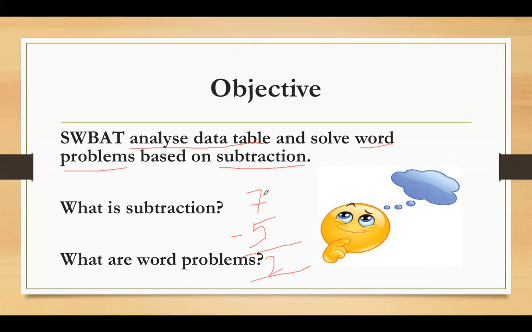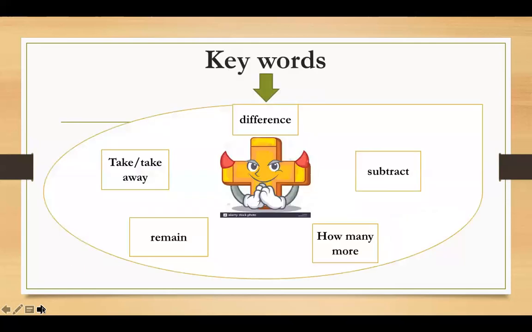So what we did, we took out 5 from 7. Now, what are word problems? Word problems are the questions which are in the form of sentences. We will have a look at these types of questions in the next few slides. So I hope you understood what is subtraction, what is data analyzing, and what are word problems.